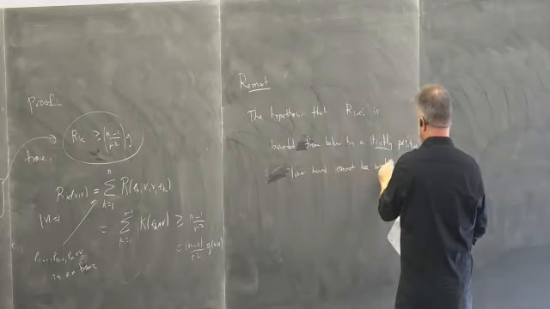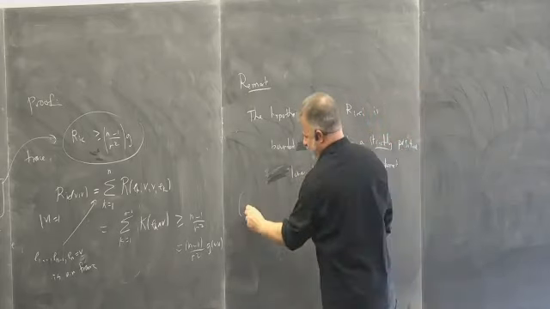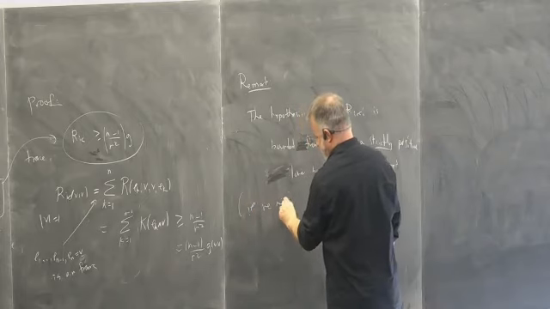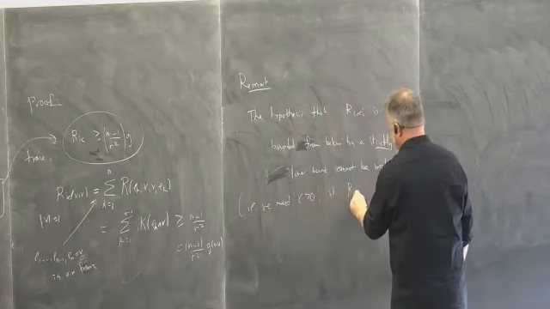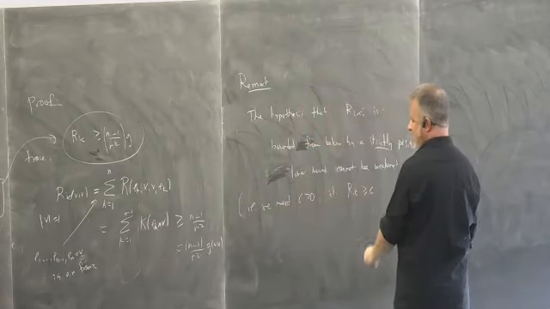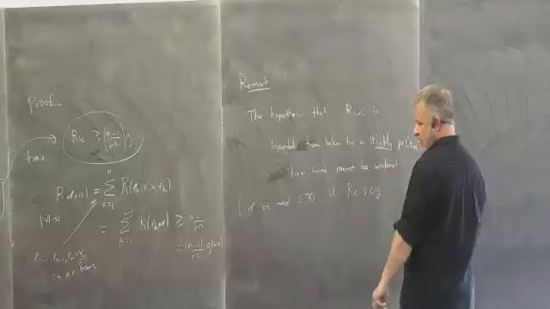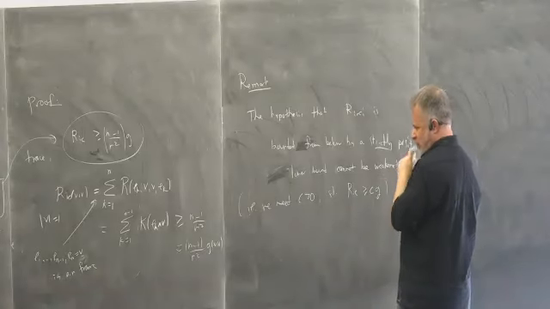So what am I saying here? We assume, i.e., we need some positive C such that Ricci is greater than or equal to C times G. Okay, for it to work.